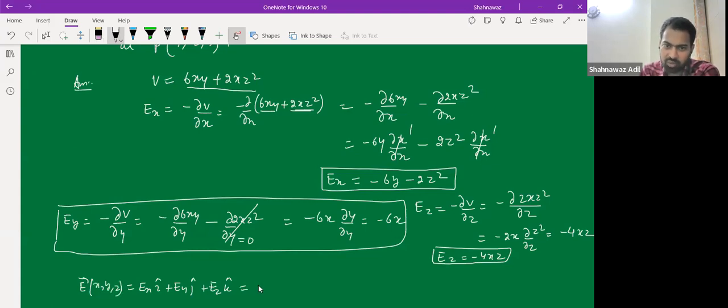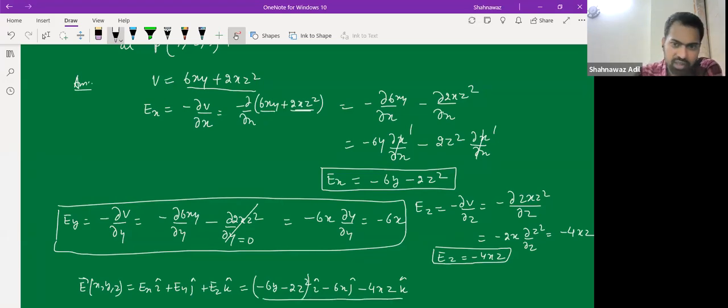So Ex is minus 6y minus 2z square i hat, and minus 6x j hat, and minus 4xz k hat. Okay, so this is the electric field.